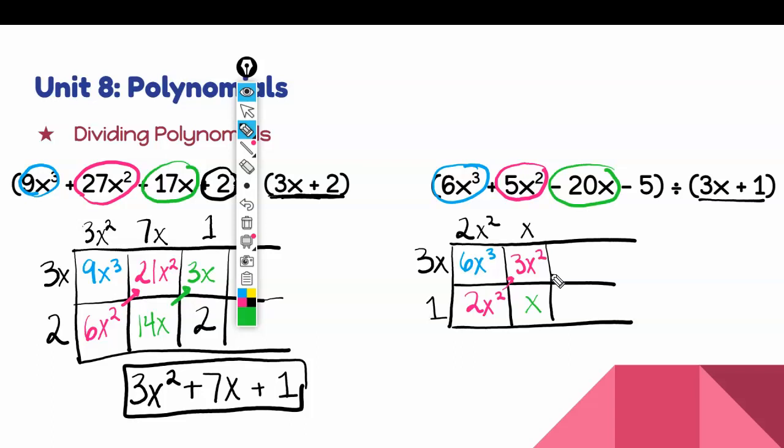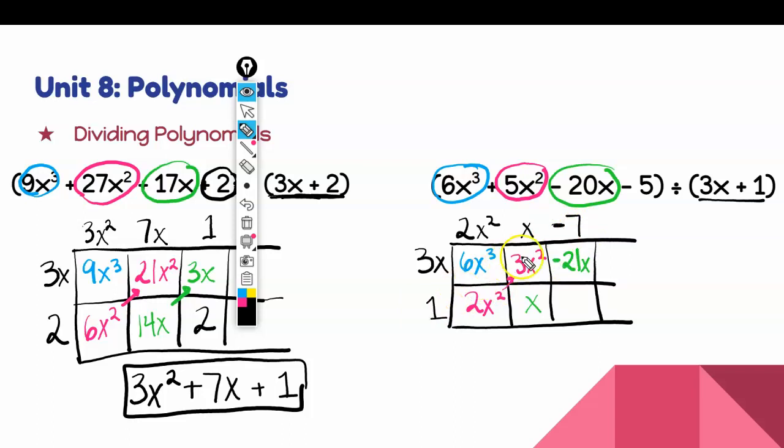How much did you spend? Negative 21. Okay, you spent $21. You went down by $21. And so, what multiplies with 3 to give me negative 21? Negative 7.